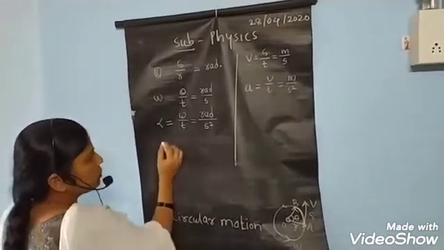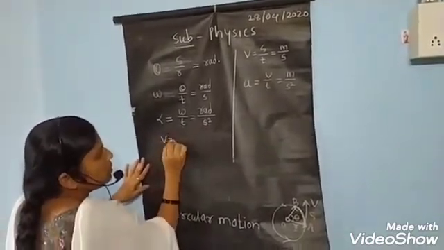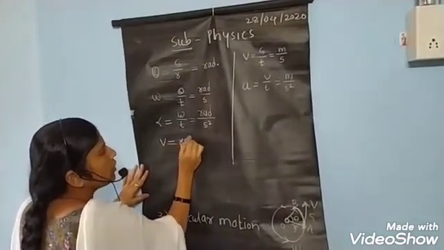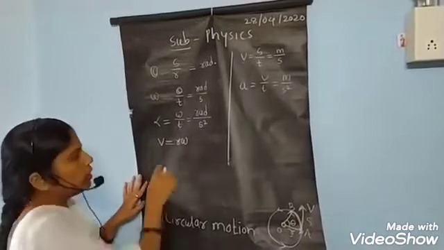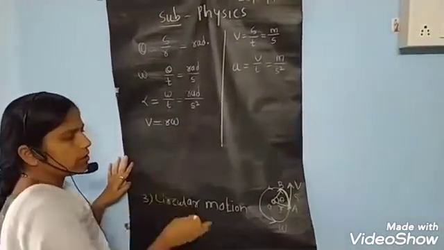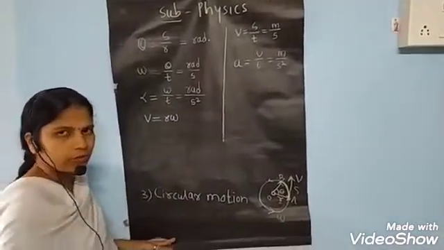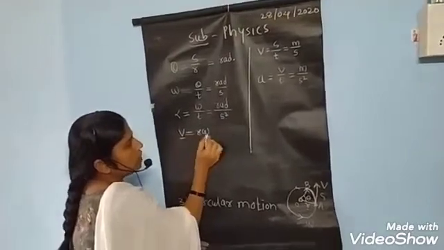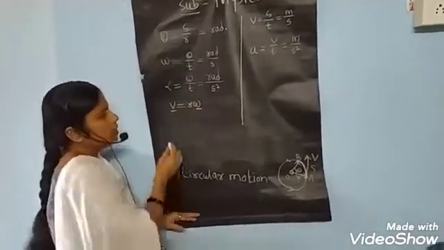I write the equation here. V means linear velocity, and linear velocity is given by r omega, where r is the radius and omega is the angular velocity. This is the relation between linear velocity and angular velocity.